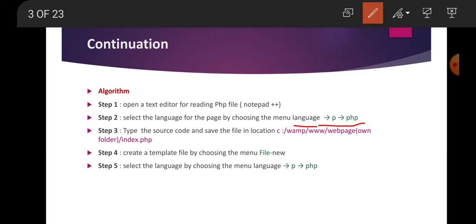Next, we are going to create a template file. We can create a template file in a new file. So, in Notepad++, just click the File menu and select New. Then select the language, P. From the submenu, select PHP.